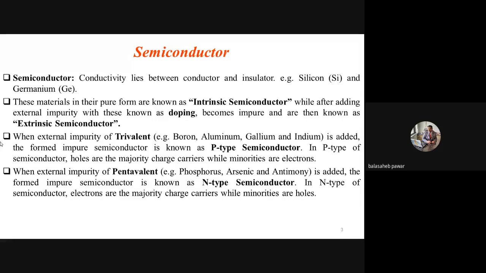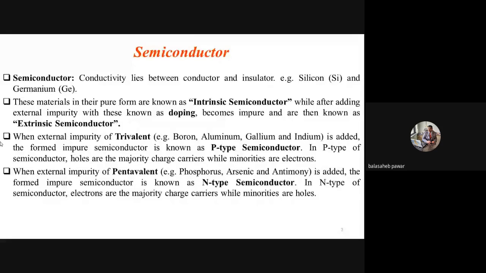Remember, after adding an external impurity, meaning other materials or metals that are either trivalent or pentavalent, by adding the trivalent or pentavalent material to this intrinsic semiconductor, which is known as doping, the semiconductor becomes an extrinsic semiconductor. So remember these two words, intrinsic and extrinsic.